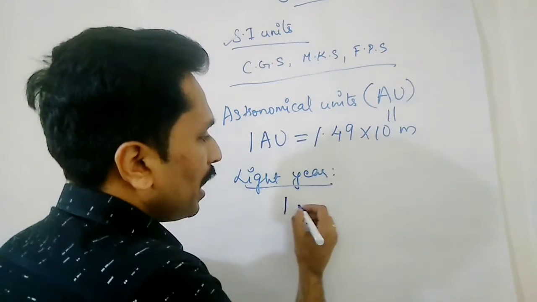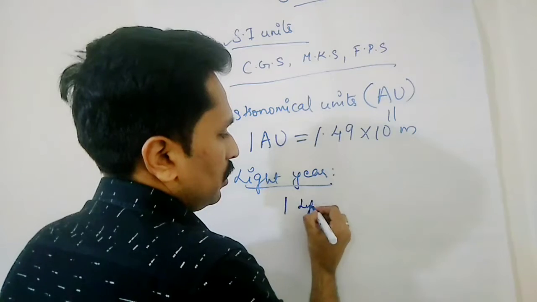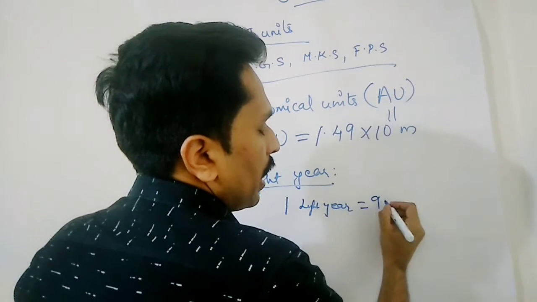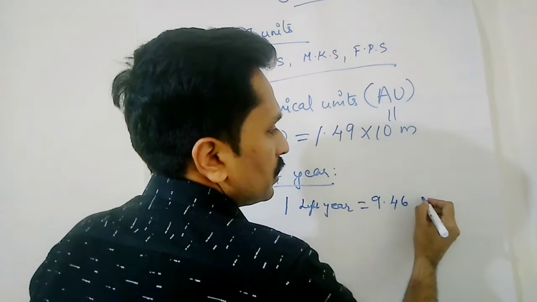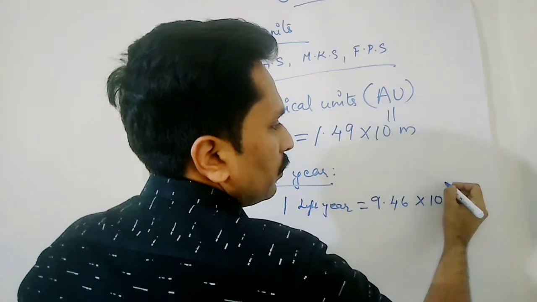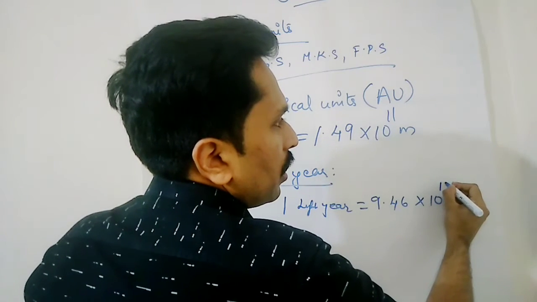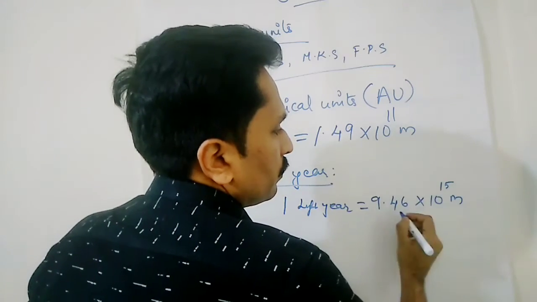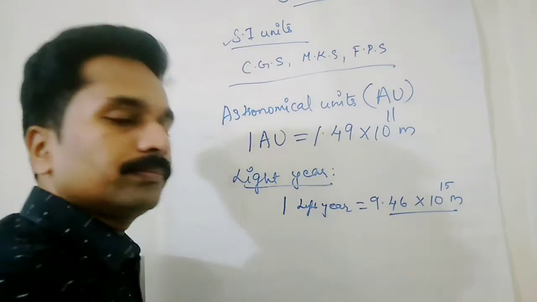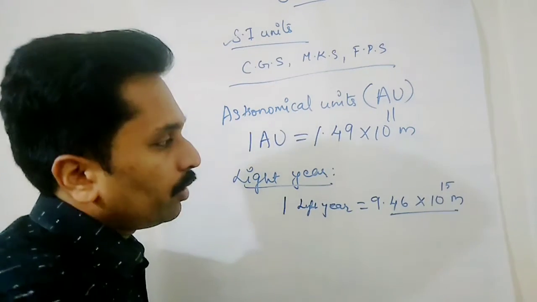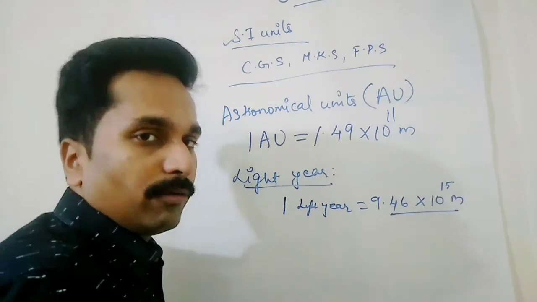And 1 light year is equal to 9.46 into 10 to the power 15 meters.